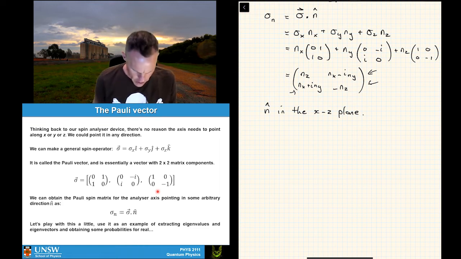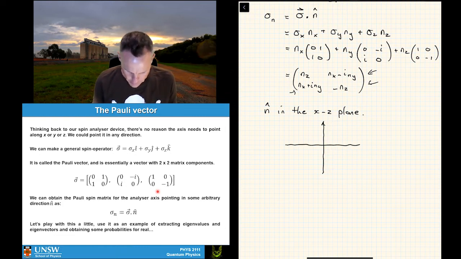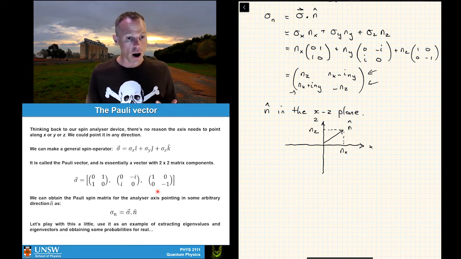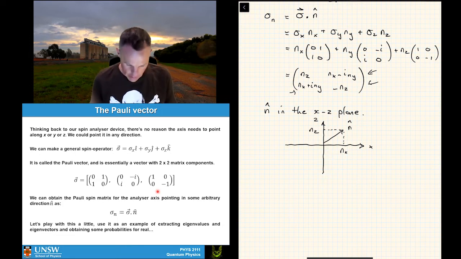So if we now want to consider that plane, let's draw something up here. This is our x direction, this is our z direction up here. What we would have is a unit vector n hat. It would have some component in the x direction nx, some component in the z direction nz. Our ny would be 0 here because we've collapsed it into the plane.